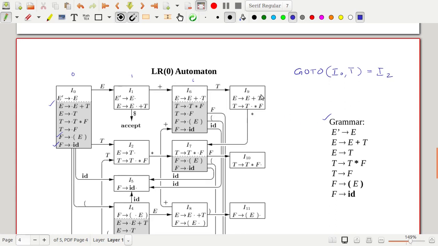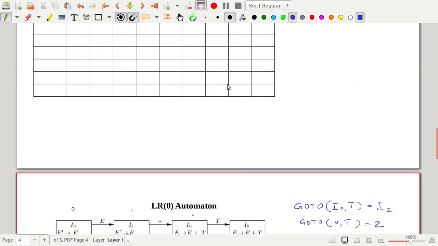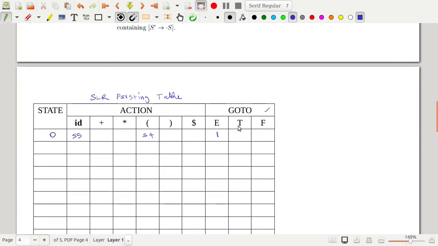This is the go to function in our LR0 automaton. So to fill the go to part in our table, we have to use like this, 0 comma T. We will use the subscript only, that is equal to 2, so that we can fill here. So this is equal to 2. Go to of 0 comma T is equal to 2.